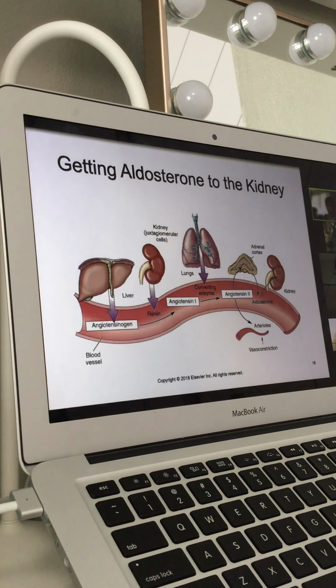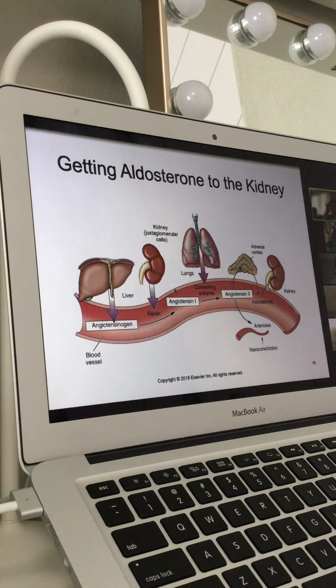And this is how aldosterone is being produced by the kidney. So sodium retention is stimulated when the blood volume is low or when the blood pressure is low. That is one of the functions of your kidney, and this is what we are blocking when the person has hypertension.